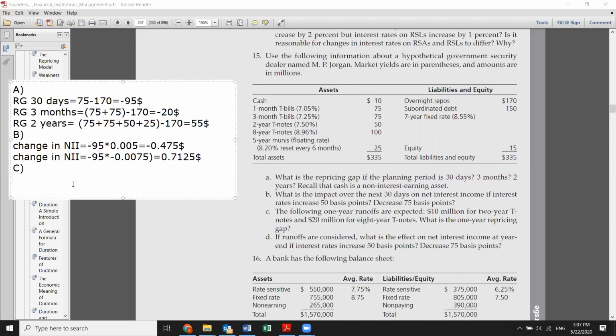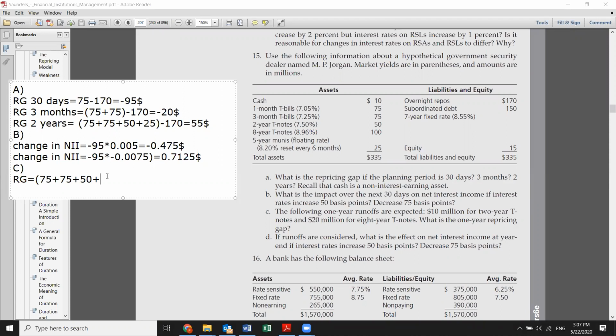So repricing gap RG is equal to, we are opening the brackets, 75 plus 75 plus 50 plus. Correct me if I'm wrong, okay?